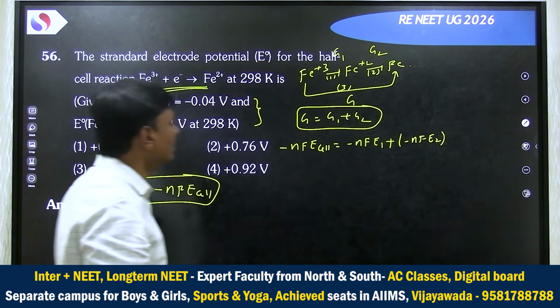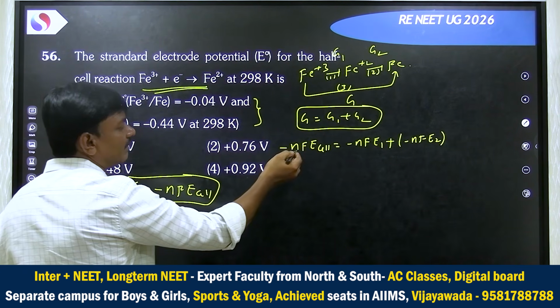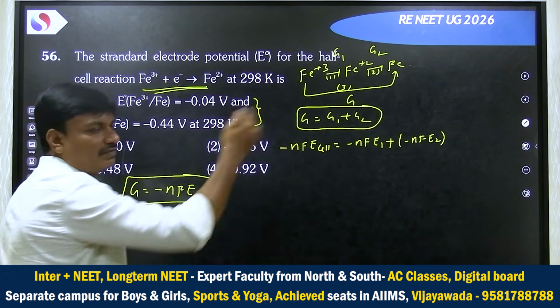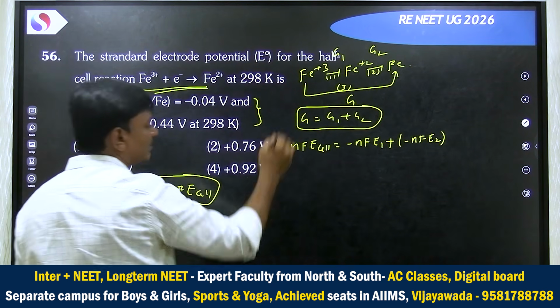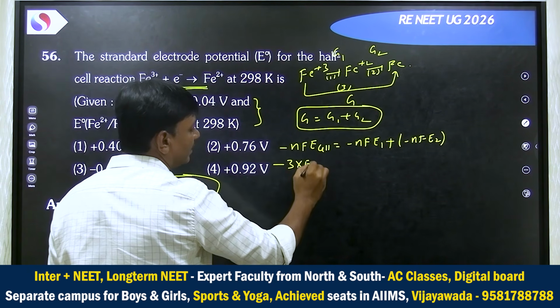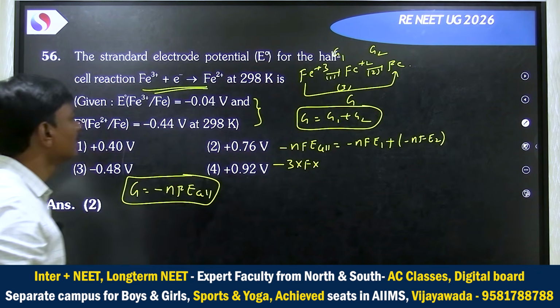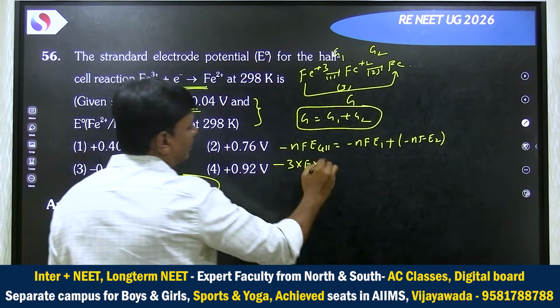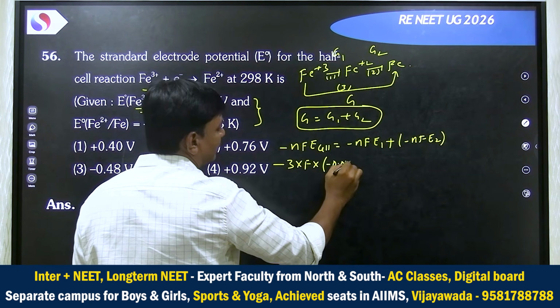Here for G, n is the number of electrons involved in the Fe plus 3 to Fe conversion. So here 3 electrons will be involved. So n equals 3, that means 3 into F into its electrode potential value for Fe plus 3 to Fe, minus 0.04.